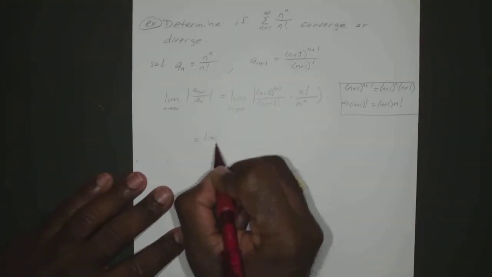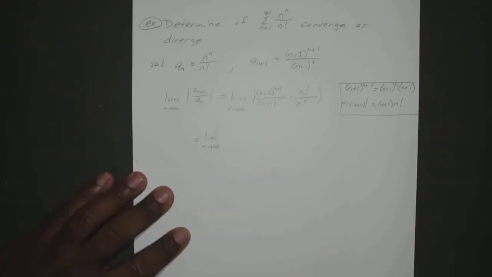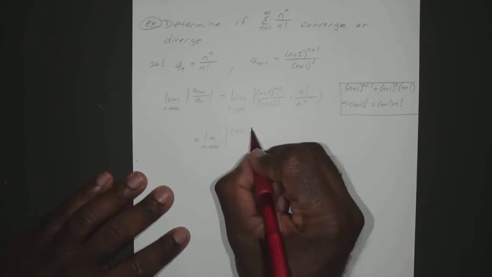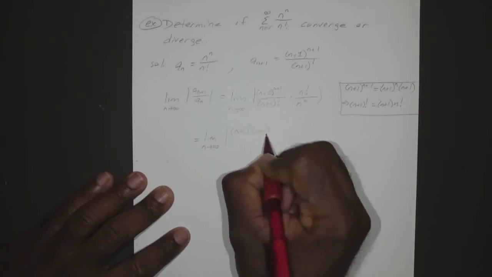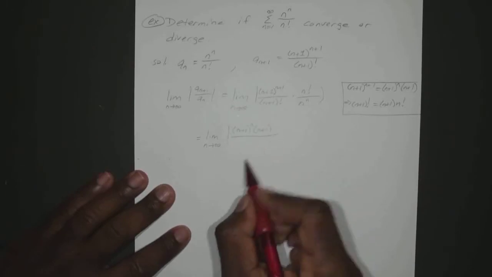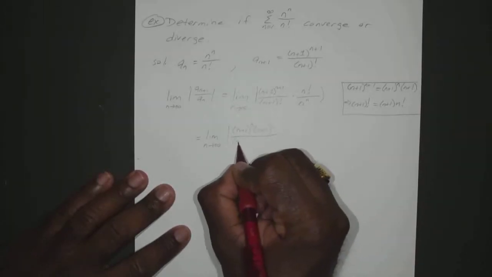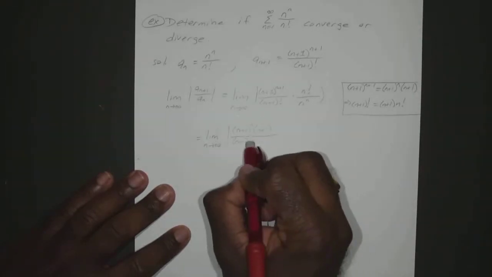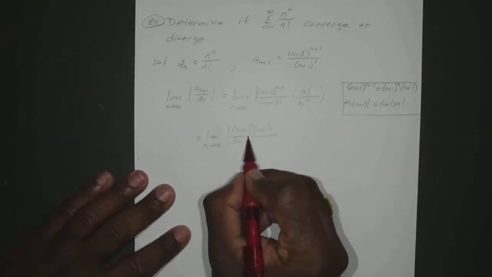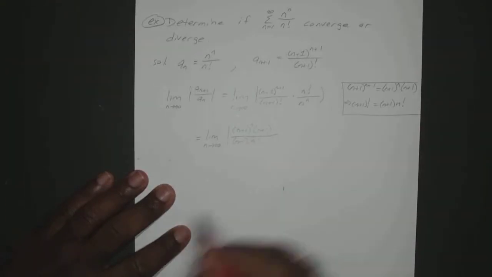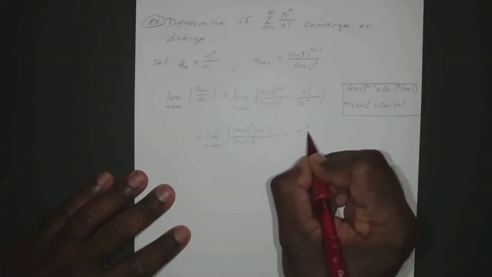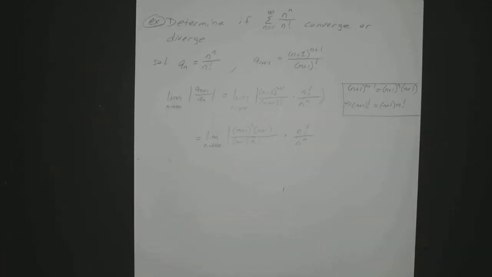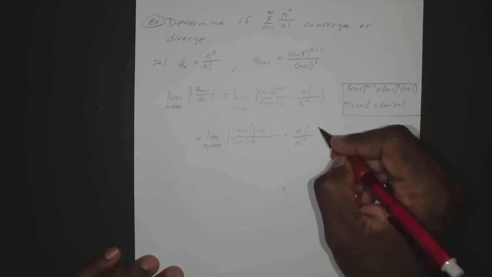So that's going to equal the limit as n approaches infinity of the absolute value of (n plus 1) to the nth power times (n plus 1) over (n plus 1) times n factorial, times n factorial over n to the nth power.